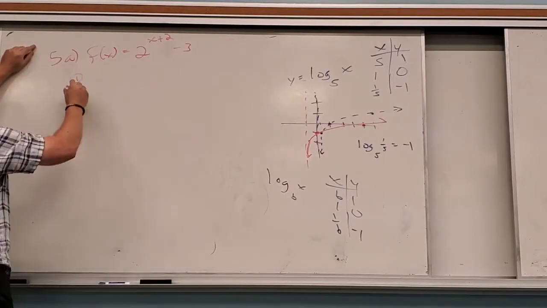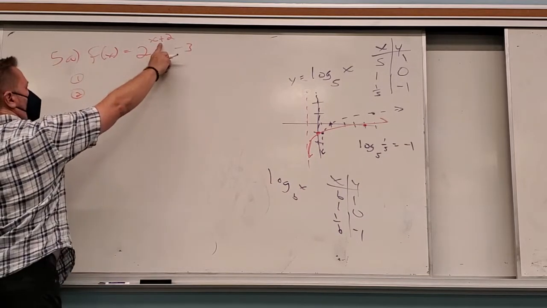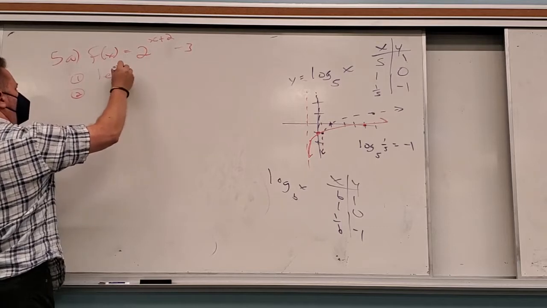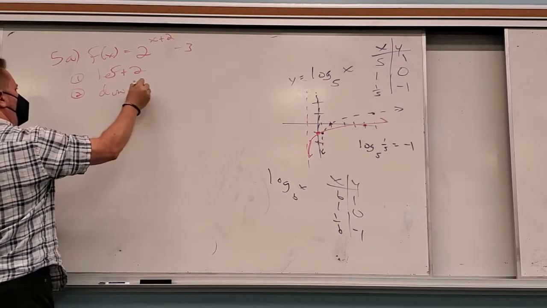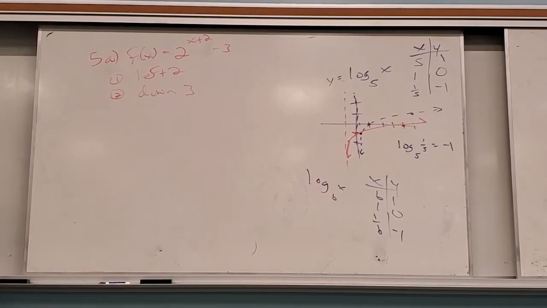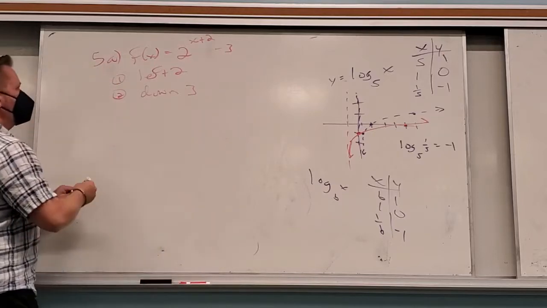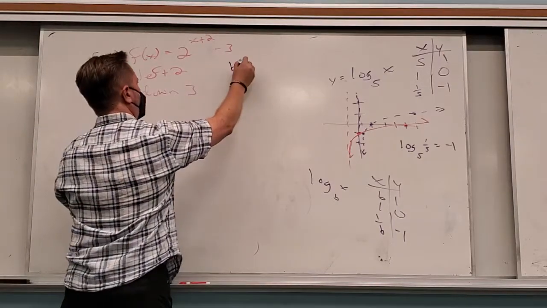What are the transforms in 5A? Left 2, down 3. You almost always do the up or down last, just to be safe. So what's the base function?